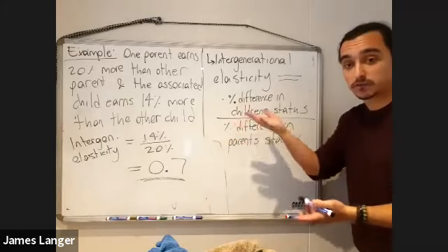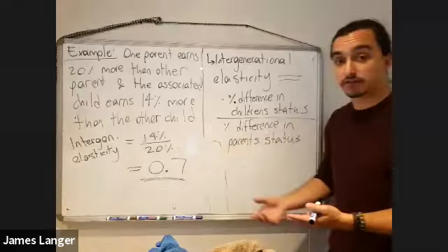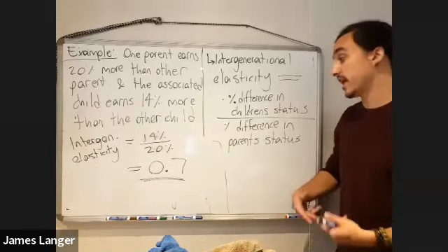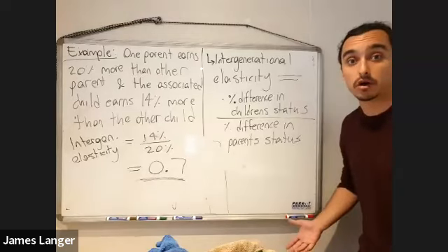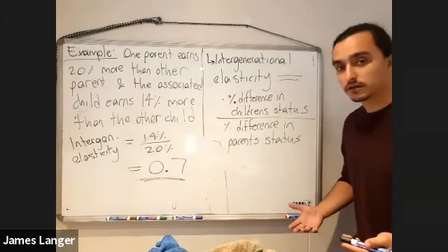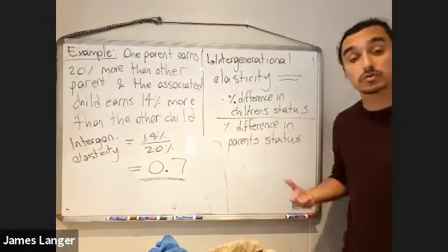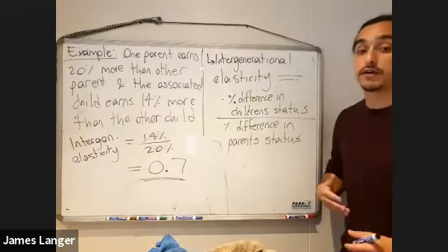It's relatively close to 1, and what it's saying is there's a pretty big impact. If the one parent earns 20% more and the child earns 14% more, we've got a serious impact. If it was 0.1, then that 20% would turn into a 2% difference, which would mean it doesn't really follow through very much.